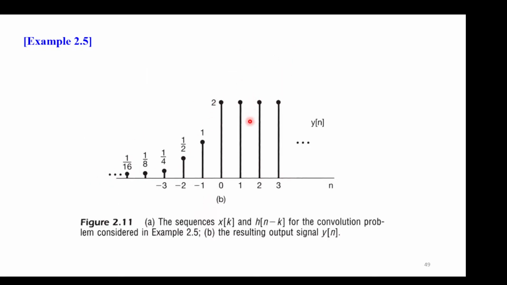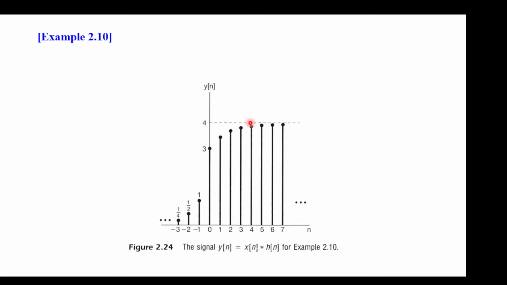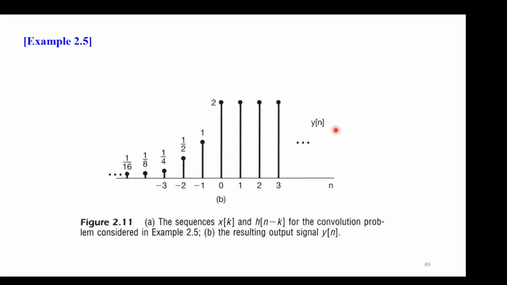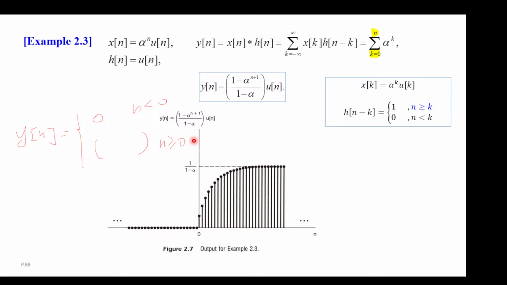So the total function looks like this. So y2 is growing and saturating at 2, and plus y1 is the saturating function. Let's see. So n equals 0 is a little weirder. At n equals 0 it should be 2, and this should be, I think this should be 1 when alpha equals 1 over 2.